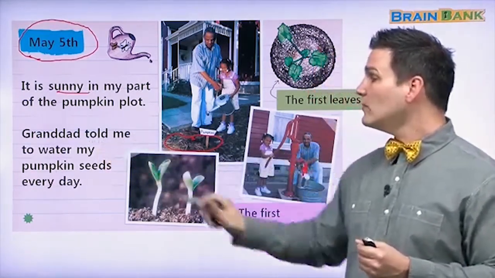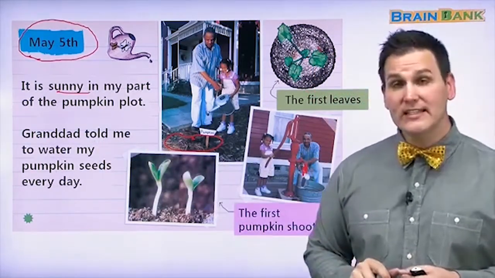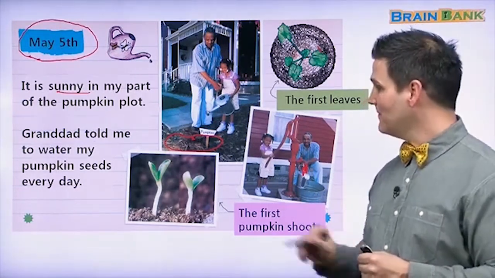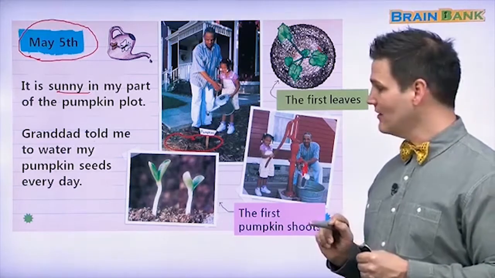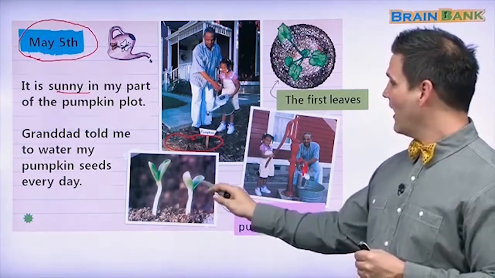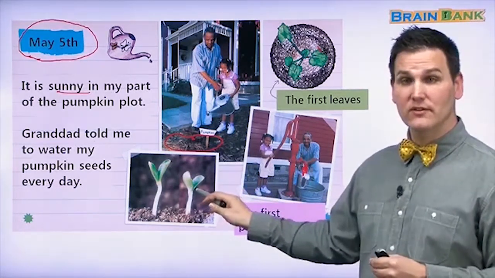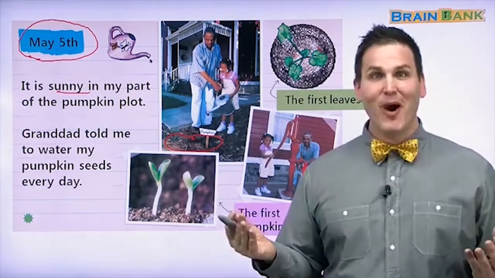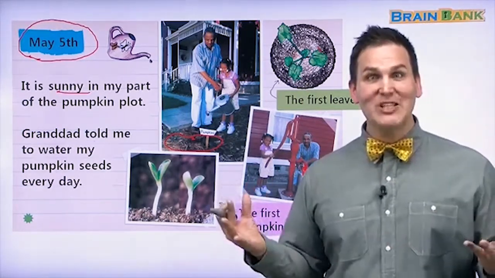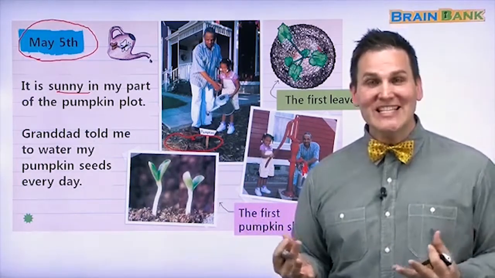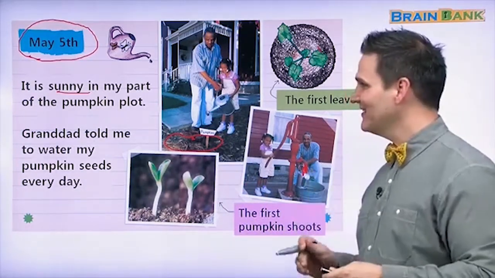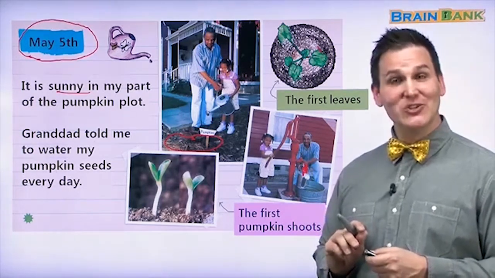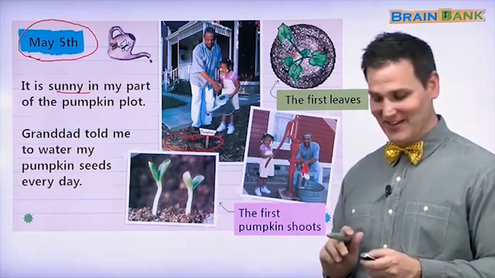Granddad told me to water my pumpkin seeds every day. Every day. And that's what she is doing. Now we have the first leaves right here growing. The pumpkin seeds are growing into pumpkins. Isn't this exciting? Let's look at the next journal entry in her diary.